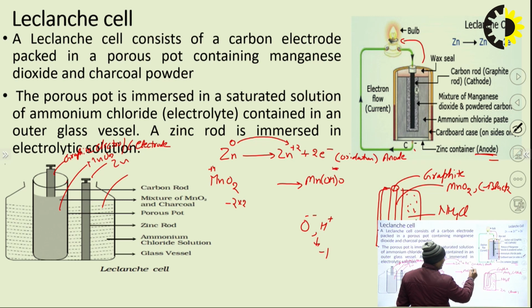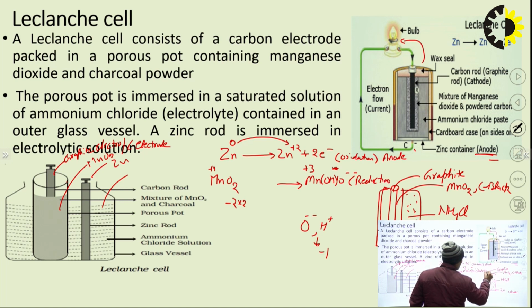So hydroxide has -1 charge, and the oxygen atom remaining here again has -2 charge. So the total charge on this species is -3. So the oxidation state of manganese is +3. So +4 is reduced to +3. It means reduction is going on, and the reduction occurs on the cathode.